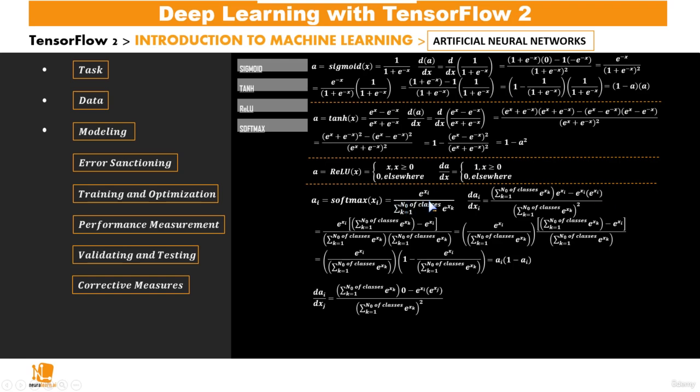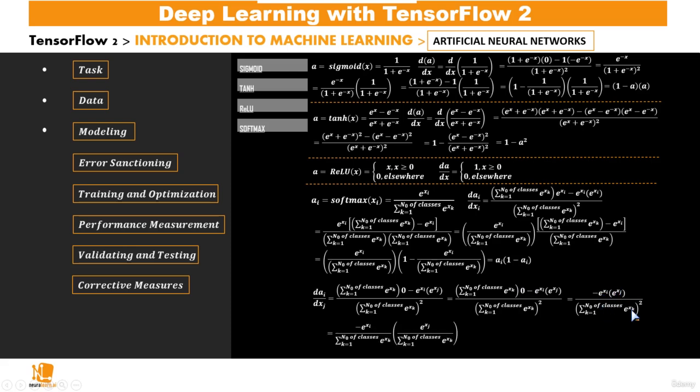And all of this is divided by the denominator squared. Rearranging again, this times 0 is going to go off. We have e to the xi, e to the xj divided by this squared. And then we have minus e to the xi divided by this times e to the xj divided by this, which gives us minus ai aj.